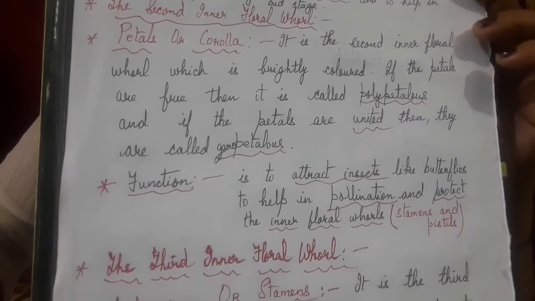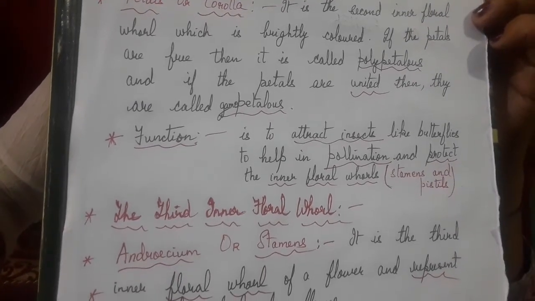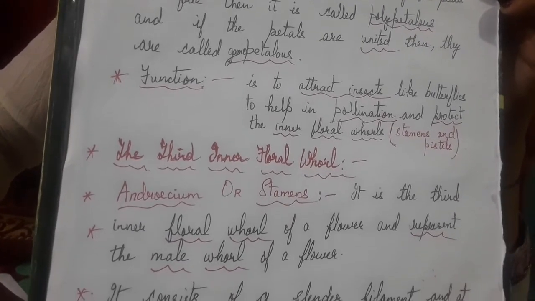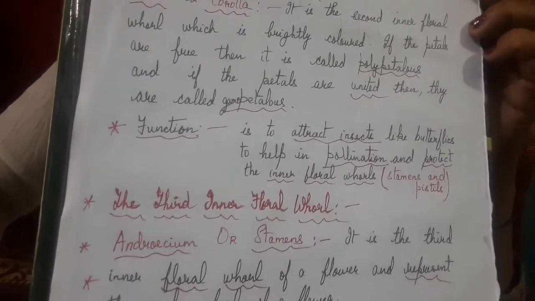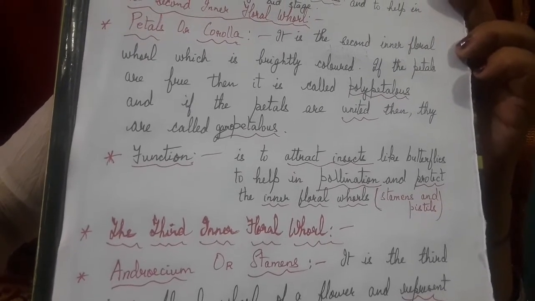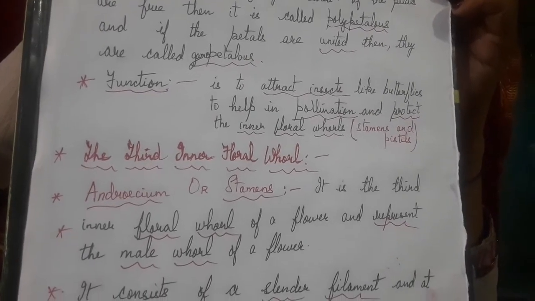And apart from that, like in China rose, there is an extra floral whorl of the calyx which is called epicalyx. Usually it is not found in all the flowers. Besides calyx, you have one more floral whorl which is surrounding the calyx, called epicalyx.